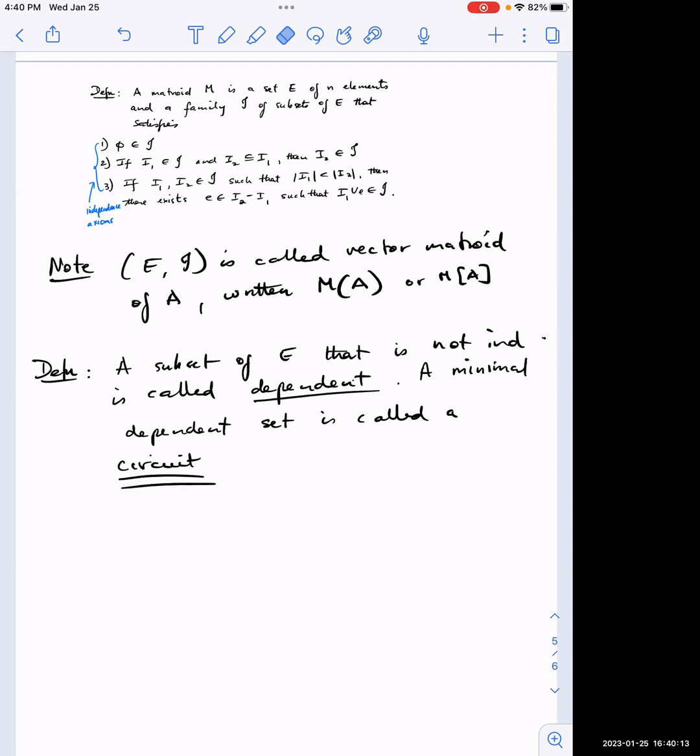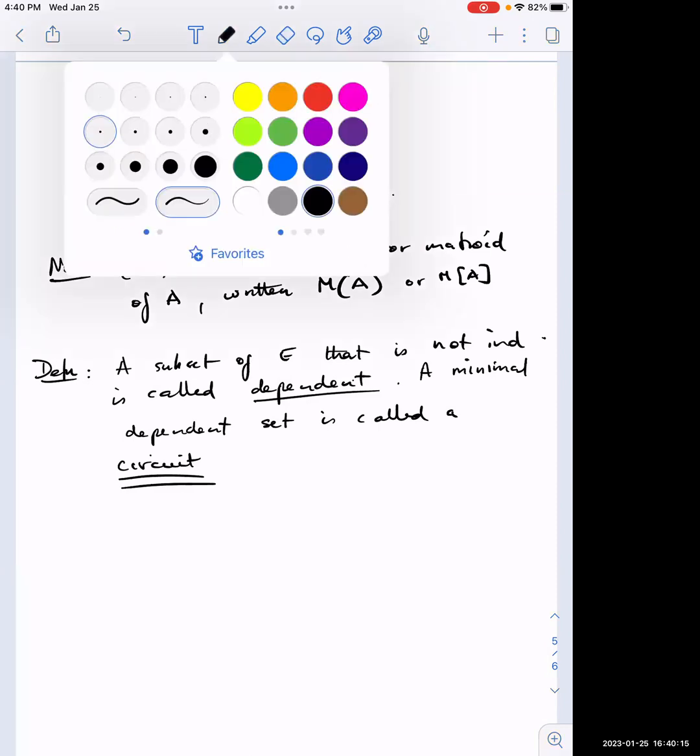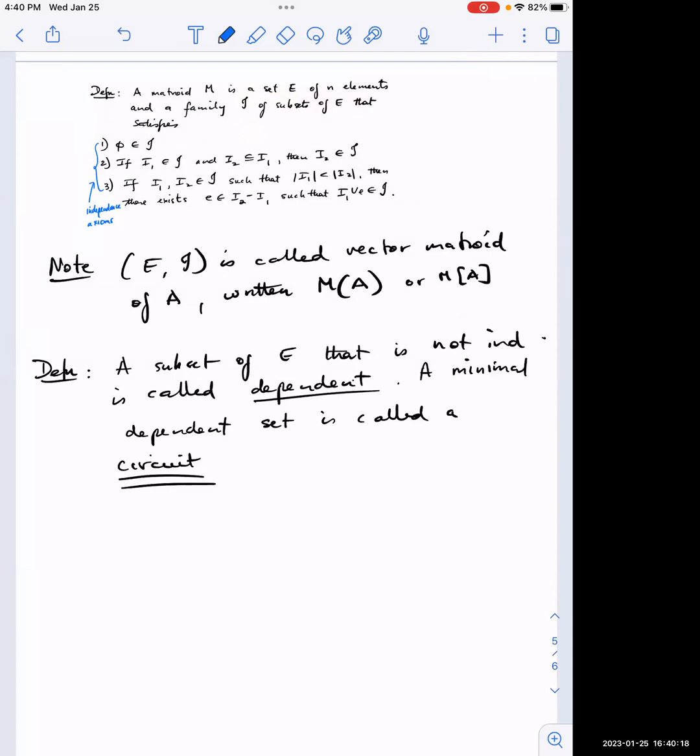So what is minimal? First thing is, what does minimal dependent mean? Minimal in matroid theory means C is dependent, but for every e in C, C minus e is not dependent. So here it'll be independent. So whenever you see minimal, this is what it means, with different terms involved, but the object is blah, and you take out one element and it's not blah.